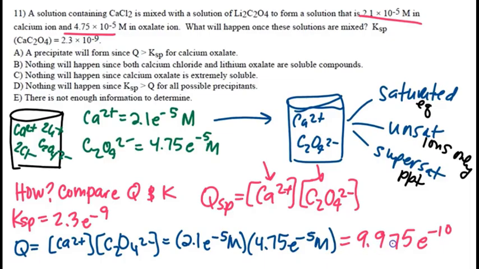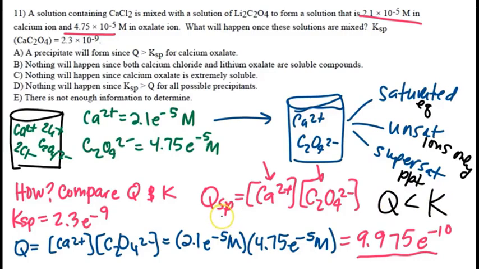I get 9.975 times 10 to the negative 10. So this is my Q value. My KSP value is 2.3 times 10 to the negative 9. So my Q value is actually going to be less than my K value. And when Q is less than K, we're going to be going towards the overall product.